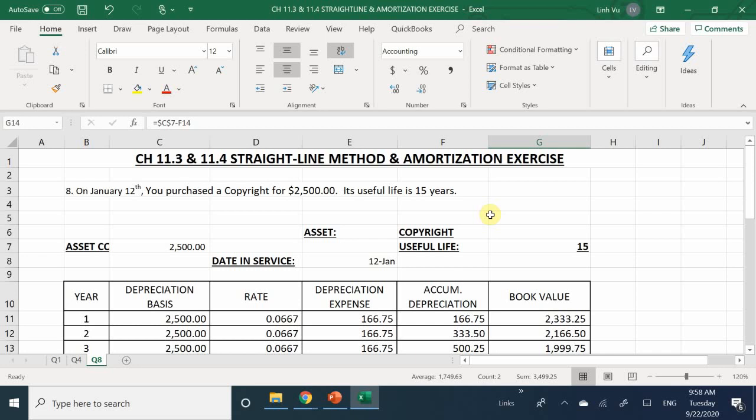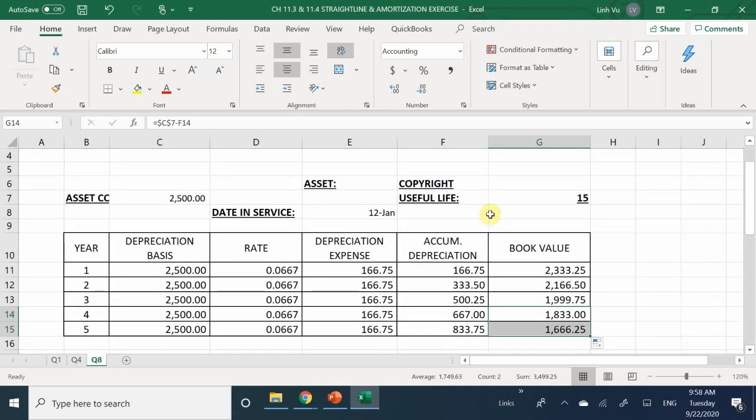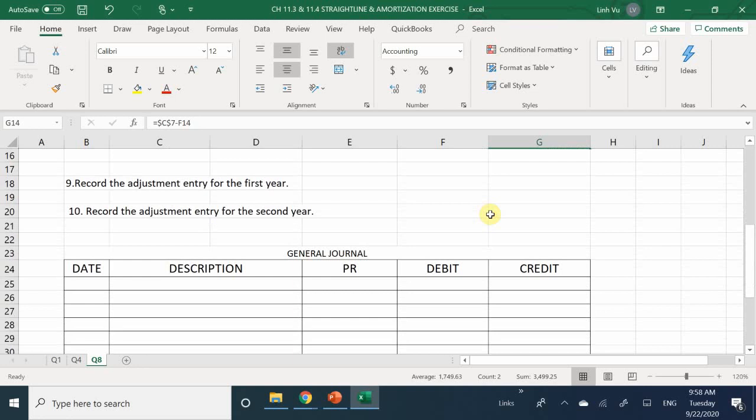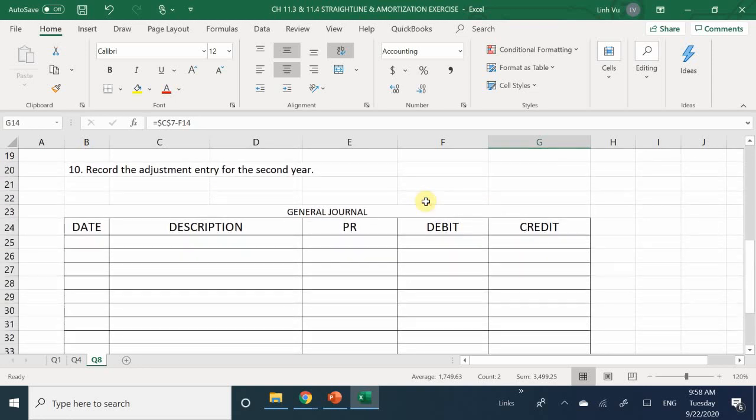So that's why I kept it the way it is. But in this case, we are looking at an intangible asset. And how do we depreciate tangible assets? How do we depreciate intangible assets? You amortize it. Correct.